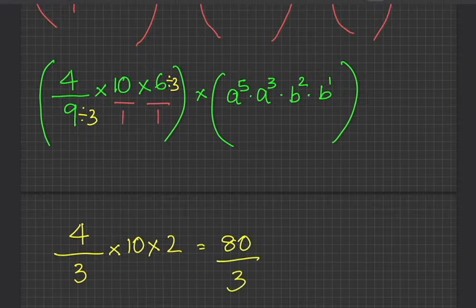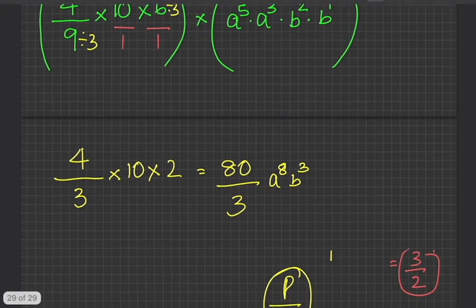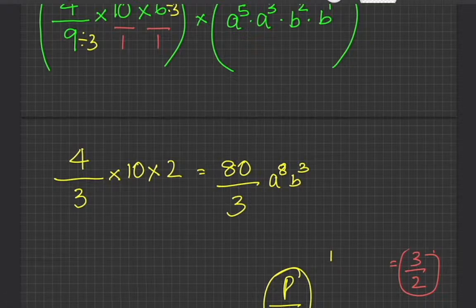This is 80 by 3 times a to the power 5 times a to the power 3 is a to the power 8. b to the power 2 times b to the power 1 is b to the power 3. Correct? So I can't do this. 80 by 3, I don't have a common factor. So we can just leave it at that if we want.